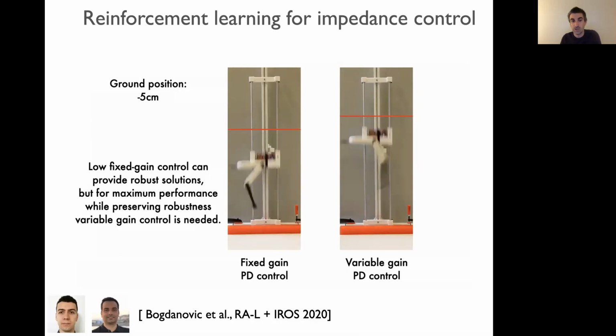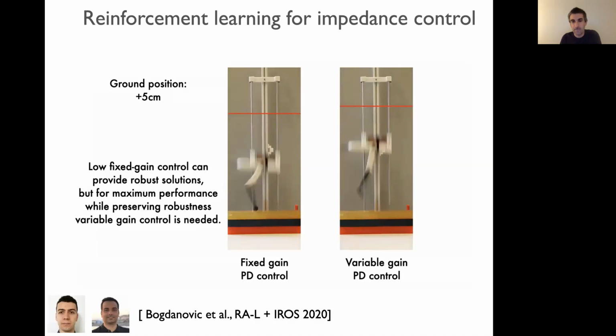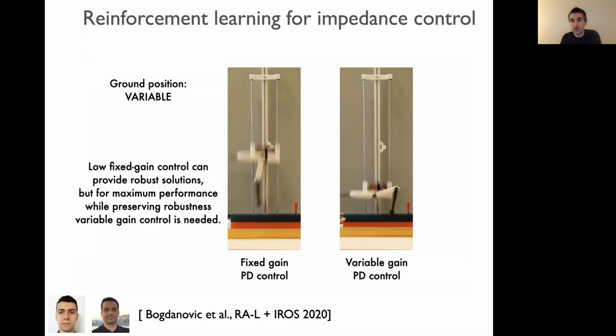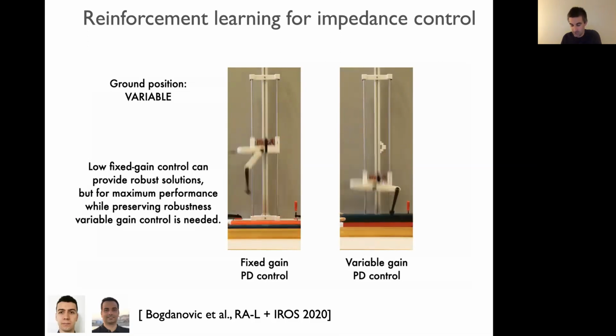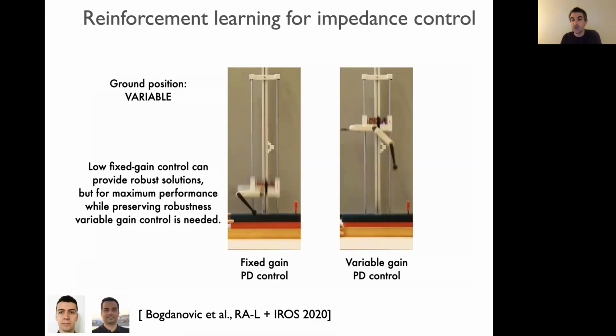And then we started to randomly move the contact, and you can see that it does something reasonable. We can move the environment, and it keeps working well. So it validates what we're doing.